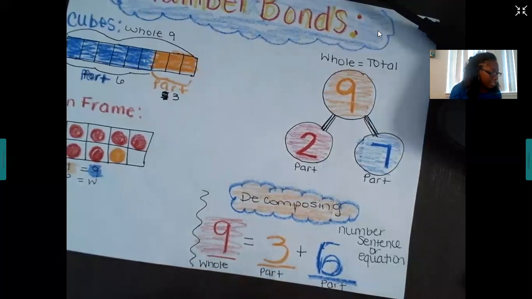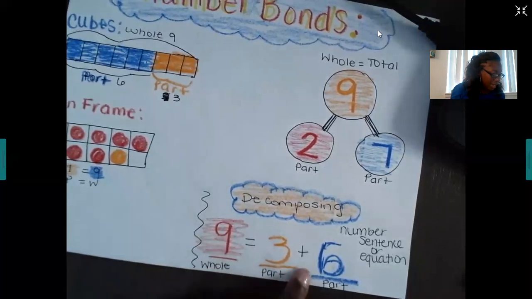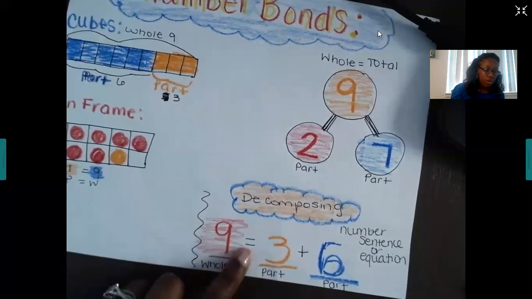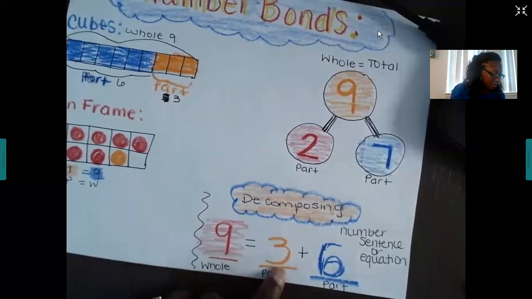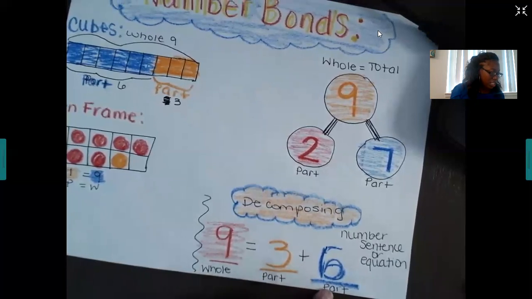So our number sentence can be 9 equals 3 plus 6. Try that again and write it with me. 9 equals 3, which is the first part, plus 6, which is the next part.